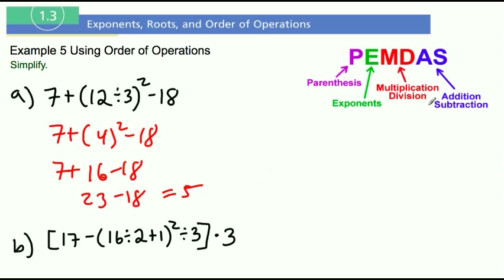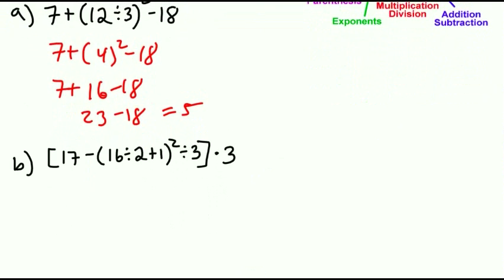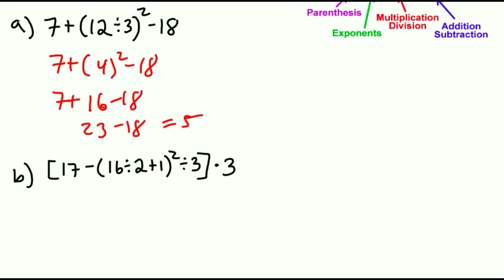There it is. Going down over here, let's look at, well, this guy looks pretty hairy right here. So let's see what we can do with this tamale. Let's remember that brackets and parentheses represent the same thing. All they do is they group things together. So when I say do parentheses first, that means we have brackets and parentheses.